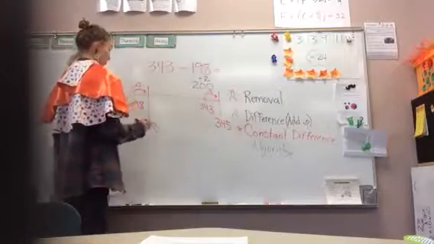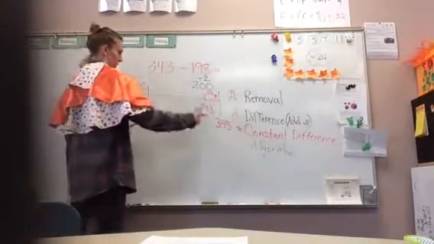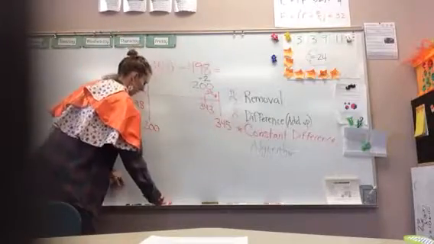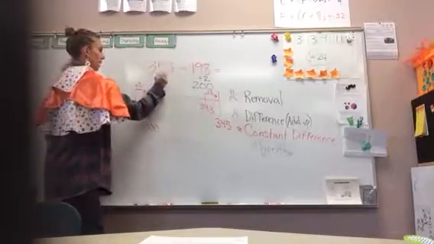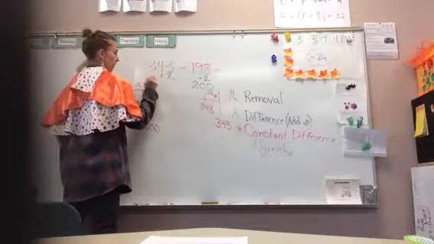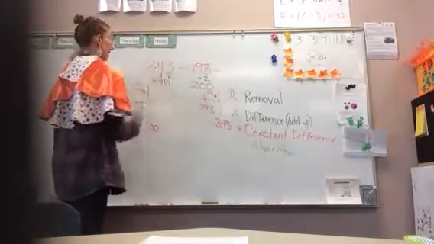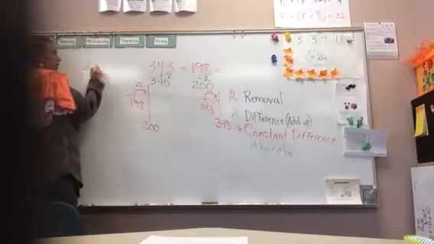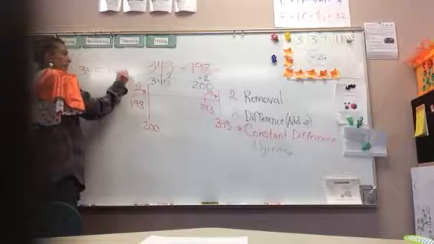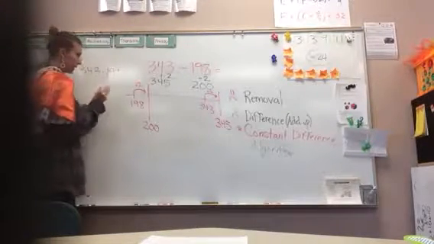So now I can find the difference between 345 and 200. I added 2 to 343, and that became 345.